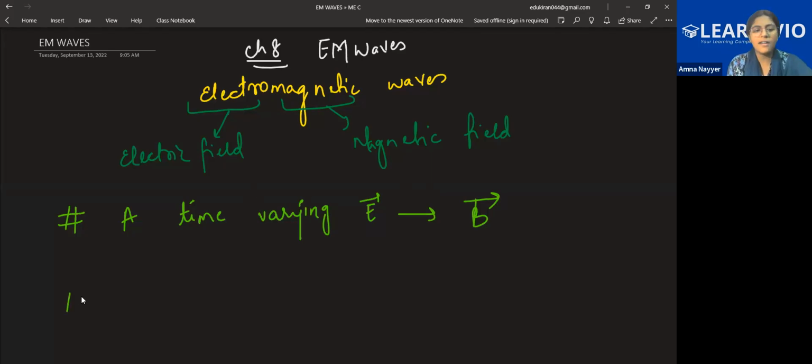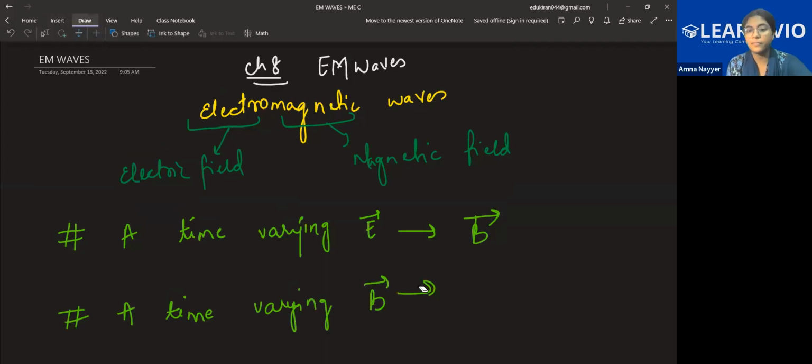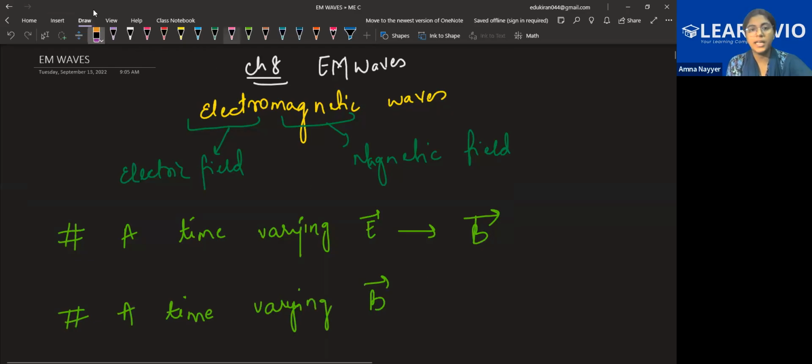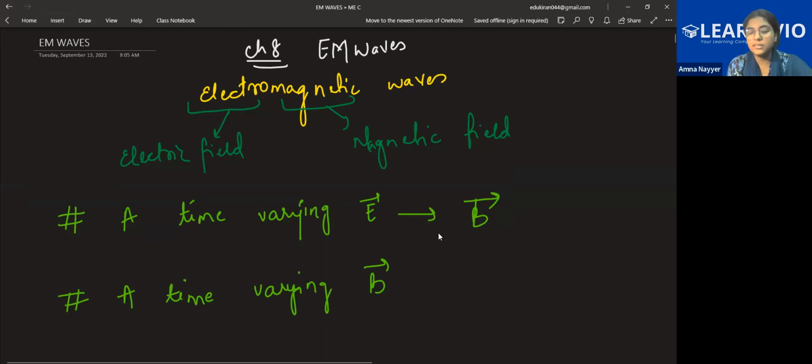When you have a time varying magnetic field, the question is, does it also produce an electric field?